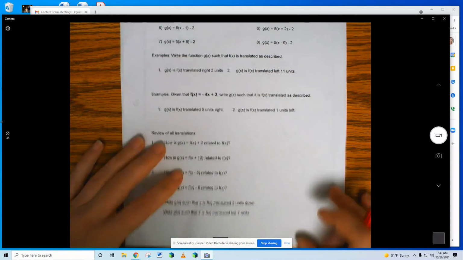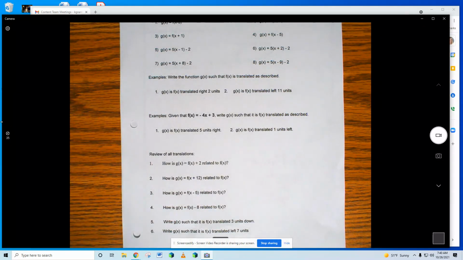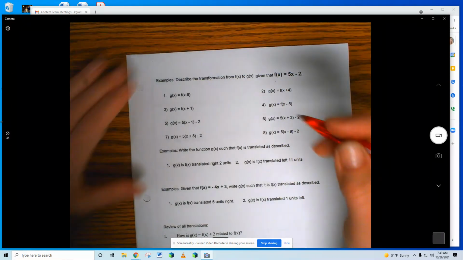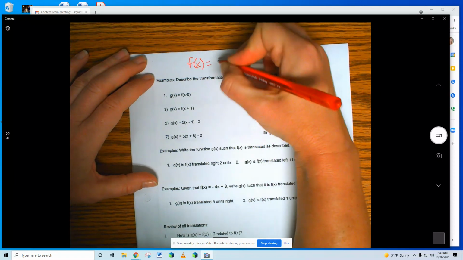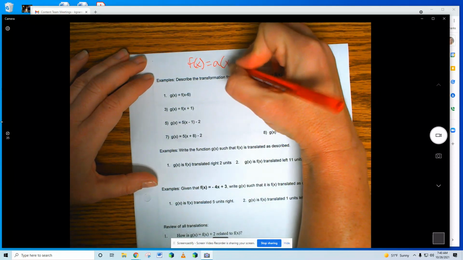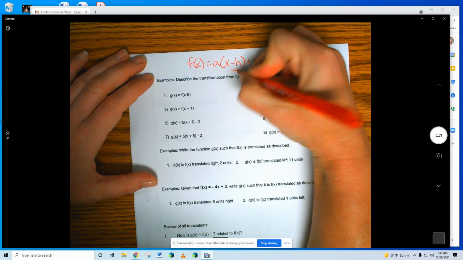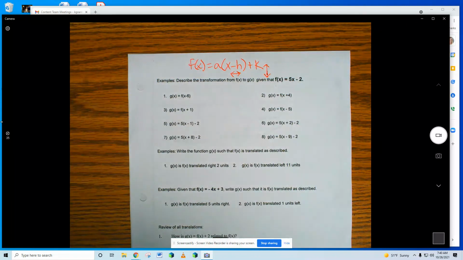Okay. So this next page, let me just explain it because you're going to do all of them. Please remember, let's write this down on the top of your paper. F of x equals a, you're not going to learn about a until tomorrow, (x minus h) plus k. The h tells me left or right. The k tells me up or down. So if you see something in parentheses, you're going to move left or right, the opposite sign.